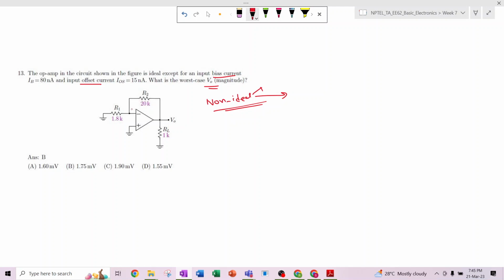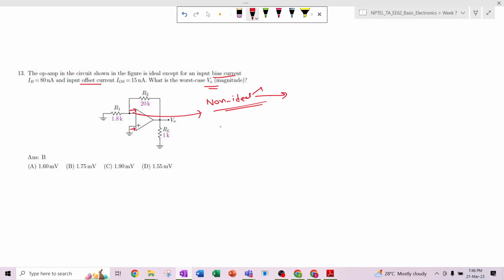Ideally the input resistance of the op amp should be very high, that means the current into the op amp is equal to 0. But practically it is not possible. Practically, some current flows through this terminal, and this refers to a non-ideality in the op amp.